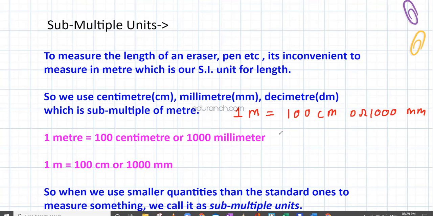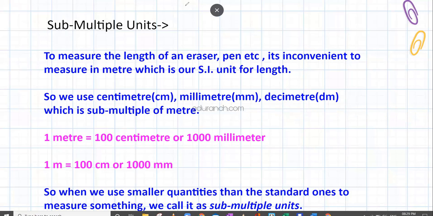So that means we are dividing 1 meter into smaller parts, into smaller units, which is either centimeter or millimeter or maybe decimeter, to measure the length of our object. So when we use smaller quantities than the standard one to measure something, we call it sub-multiple units.